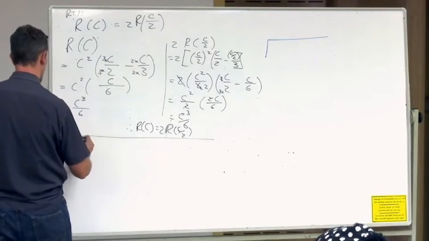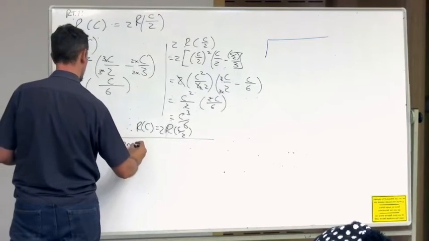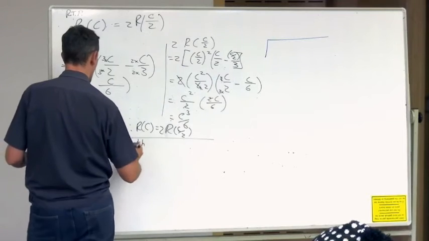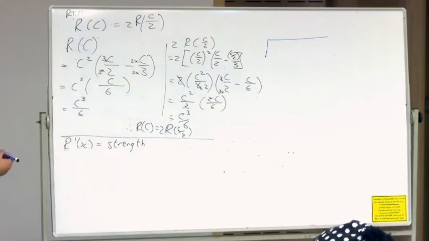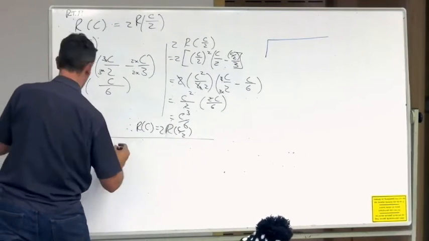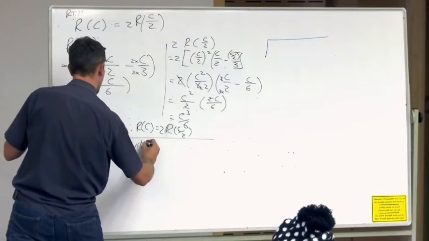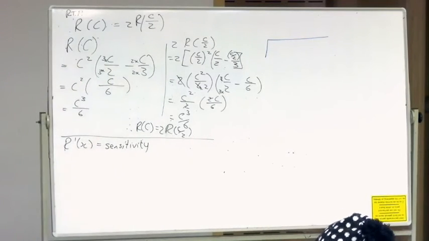R accent of x is the strength of the drug, or this is used as a measure of the sensitivity of the body to the drug.